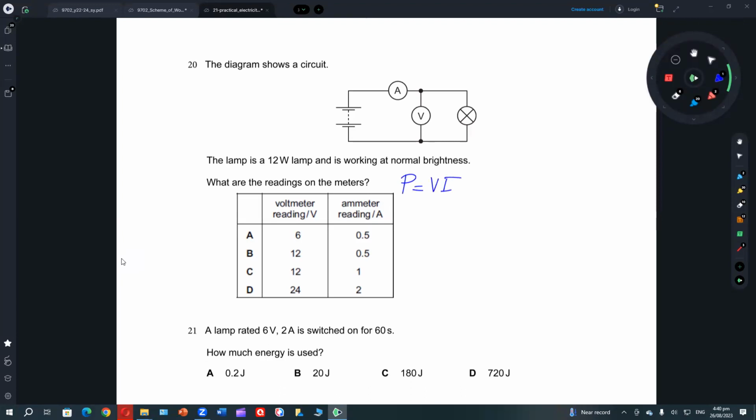So apply this formula, 6 into 0.5. I will get 3 watt. I need to get 12 watt. 12 into 0.5, I'm getting 6 watt. 12 into 1 is 12 watt. Now it's matching.